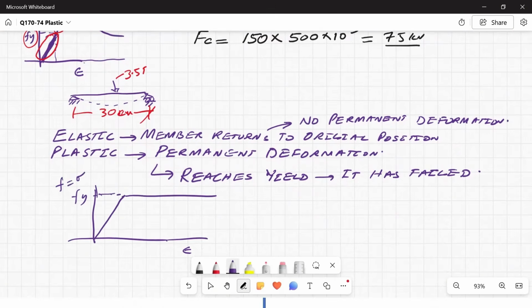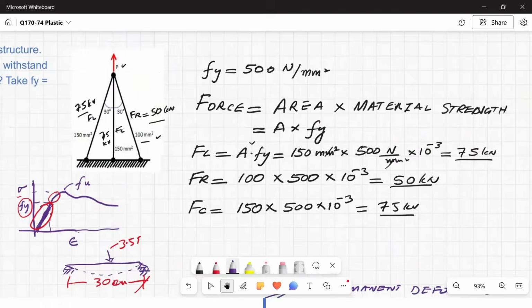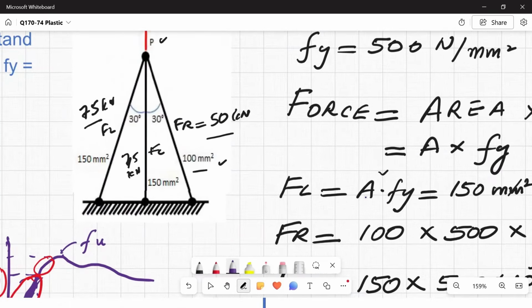So using the same logic, if I bring you back here, see that when we apply load at this position, FR is 50 kilonewton, FL is 75 kilonewton, and the middle member is 75 kilonewton.